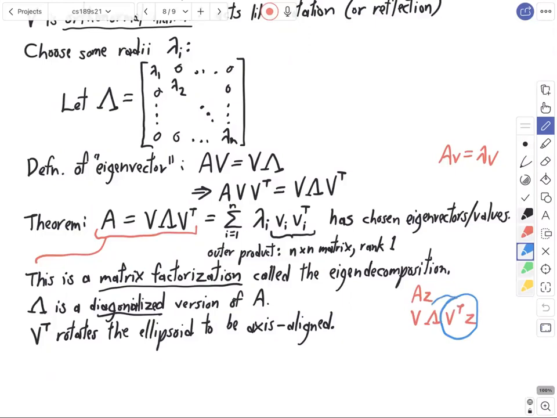Then we apply lambda, a matrix that stretches along some coordinate axes and shrinks along others. Finally we apply V, which reverses the rotation we did before and moves us back into the original coordinate system. That's how I like to think of what the eigendecomposition actually does when you apply it to a vector.